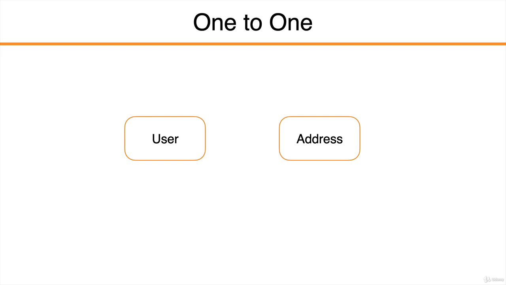If we look at the different types of relationships we can have with our entities, the simplest example would be a one-to-one relationship, where a user could have an address object, and our address entity could have a street name, a town, a city, etc. Each user would have one address, so there'd be a one-to-one relationship. We can also have one-to-many relationships.